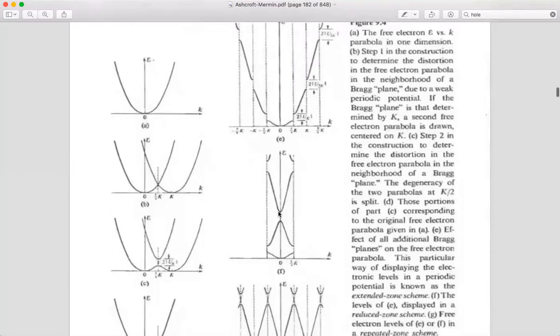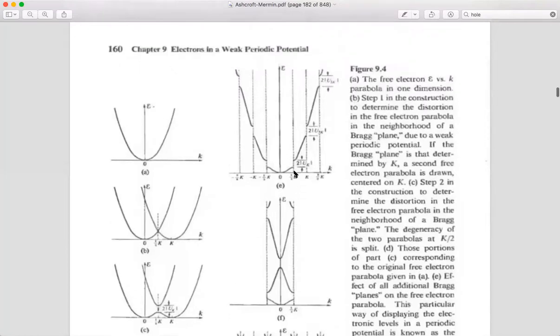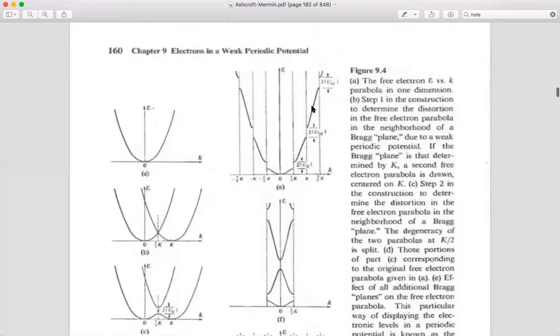So then I get this. And then I have to move this by G. So for example, this is G, this is 2G. I move this by 2G and this by 2G this way, and I'll start getting this branch.